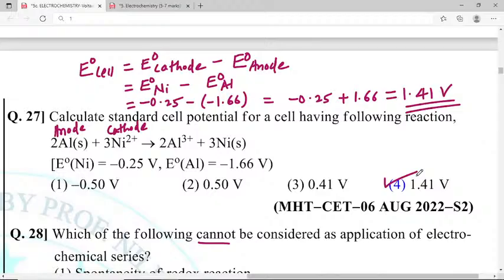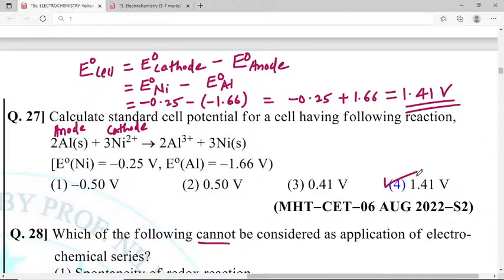Question number 27. Yes, question number 27.